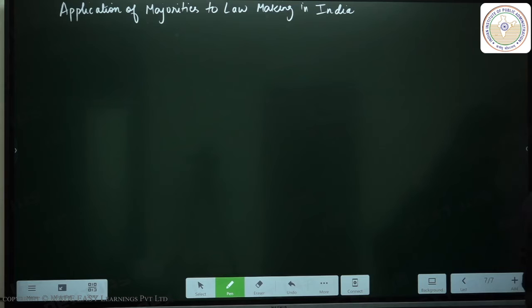Okay. Special majority 4 has nothing to do with the state. Only center.